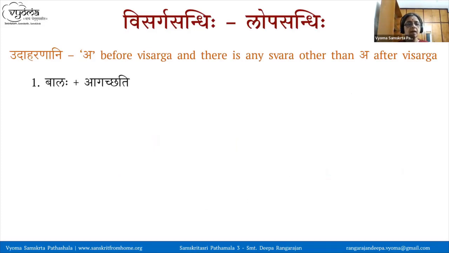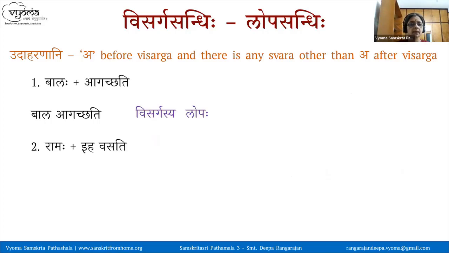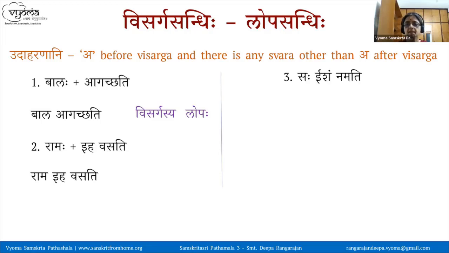So first, Balaha Agachati. The Visarga is preceded by Harasva Akara followed by Dirgha Akara. Bala Agachati. There is just Lopa of the Visarga. The Visarga disappears. Ramaha Iha Vasati, preceded by A followed by I. Rama Iha Vasati. Here also it elides. Saha Isham Namati, Sa Isham Namati.